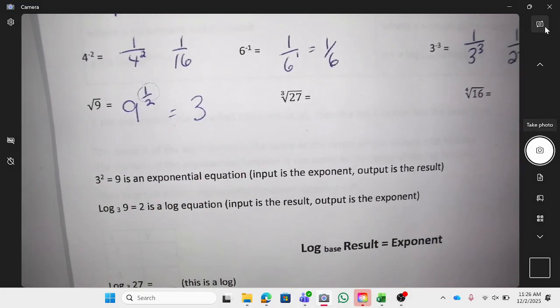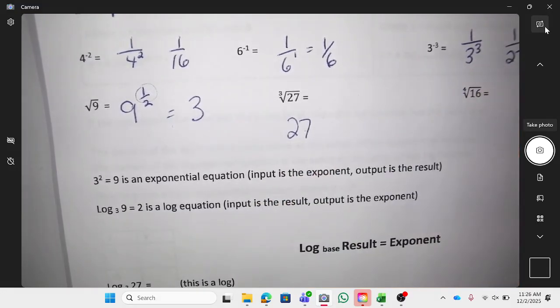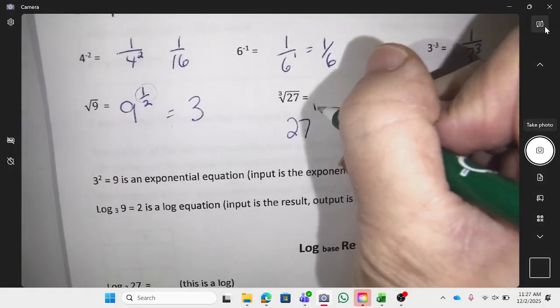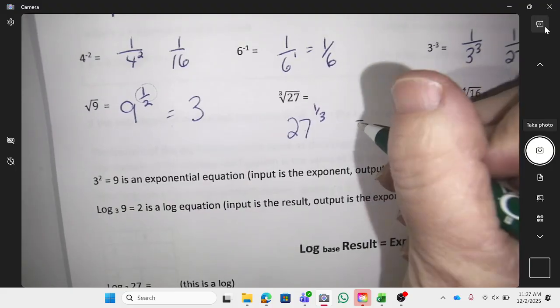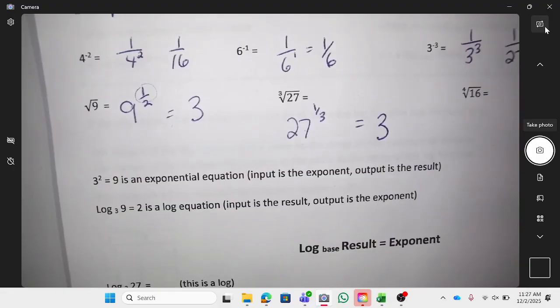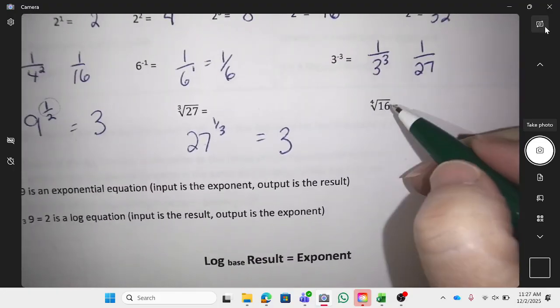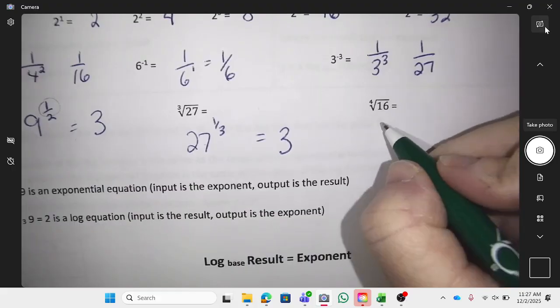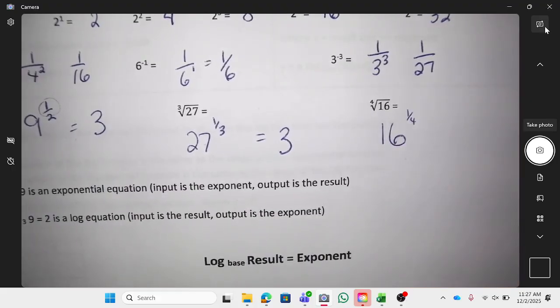So the cubed root would be 27 to the, now can you maybe guess that? 1/3. Okay, that means the same thing. So that's 3. And so if I do the 4th root, it is the exact same thing as doing a quarter exponent.